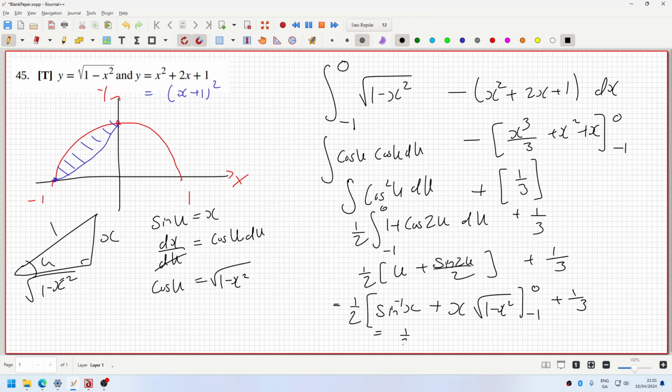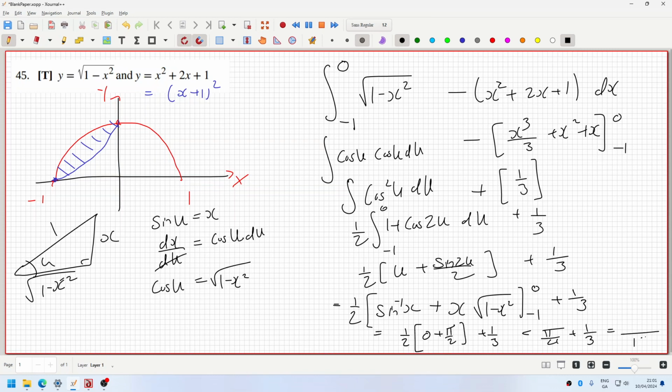So that's a half. In fact, if you put the -1 in here, it's gone. So it's just, in fact, sine inverse of -1, which is minus pi over 2. So it's 0 minus pi over 2. So 0 plus pi over 2 plus 1 over 3. So that's pi over 4 plus 1 over 3.